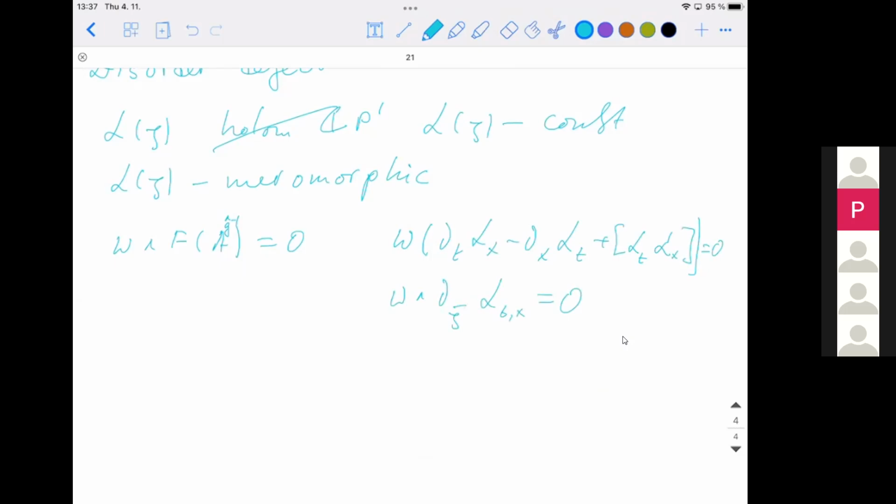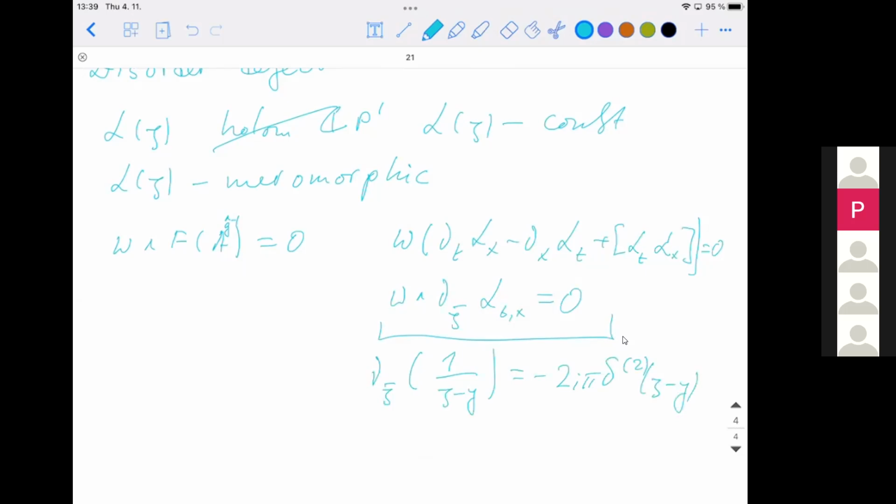So from this relation we can write it like this. We know that this distribution just looks like this.